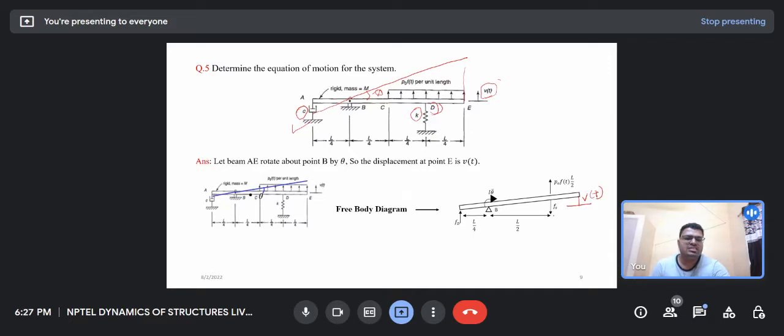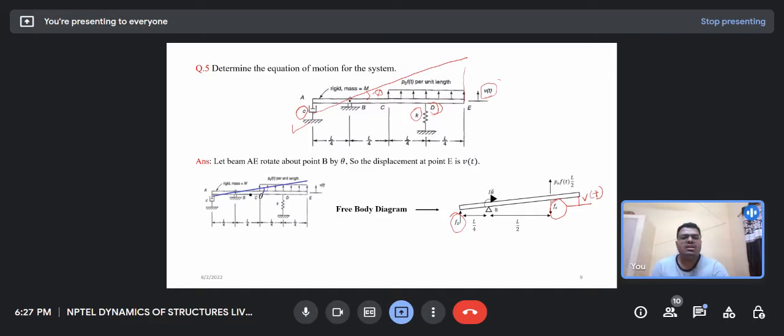There is some resisting force developed in the spring, let us say that force is Fs. There is some resisting force developed in the damper, that is Fd. And there is some inertial force of the beam or the rigid rod, which is I theta double dot.